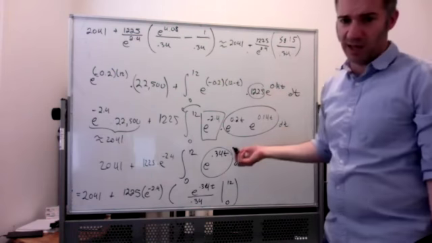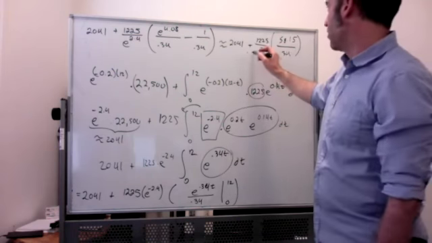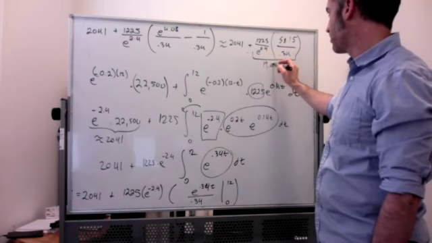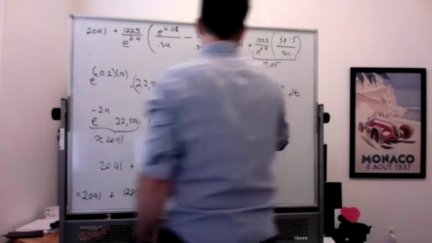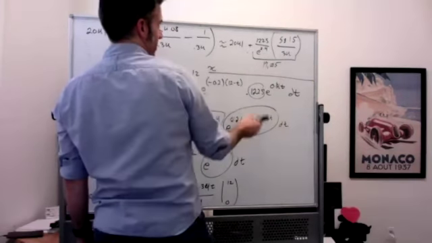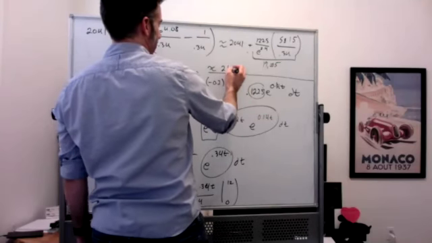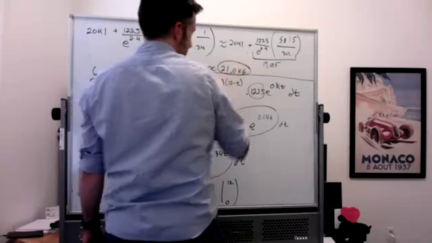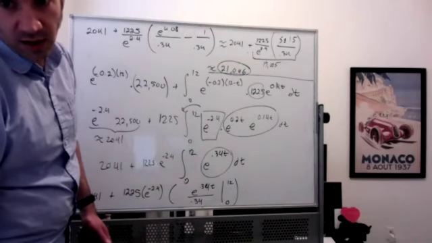And then using a calculator further, this whole thing becomes about 19,005. So we end up with approximately, I know we're running out of room here, 2041 plus 19,005, so 21,046.